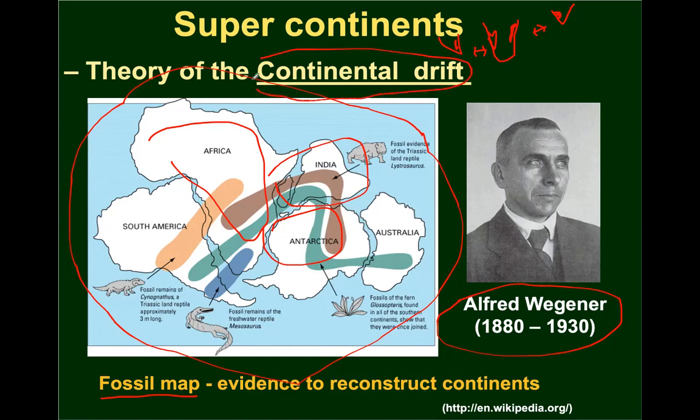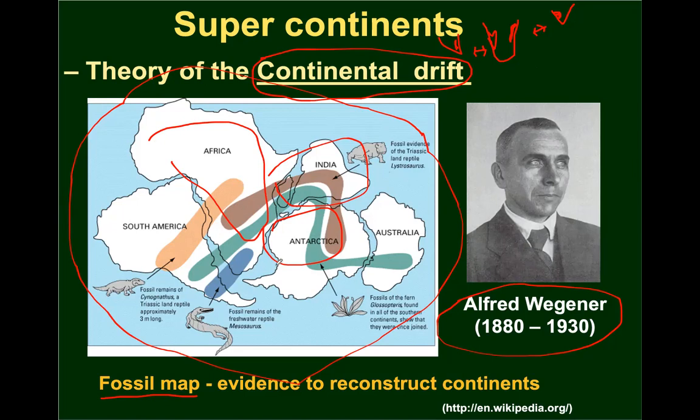So there was an understanding that these continents initially were like this, but later on, because of drifting, that means floating, they moved apart into a configuration like what we have today, right? Originally, the continents were together.